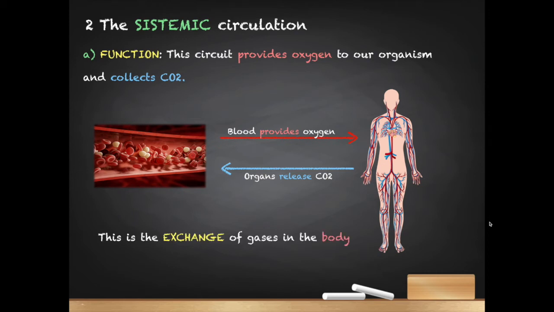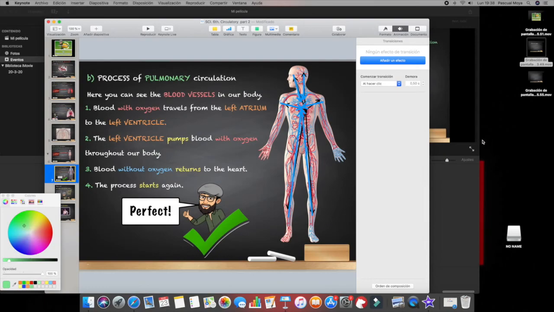And now let's see the process of pulmonary circulation. Do you remember the pulmonary, it's not the pulmonary, sorry, it's the systemic circulation. Okay, now it's time to discover the process of systemic circulation.